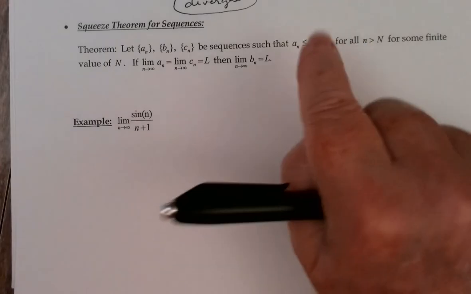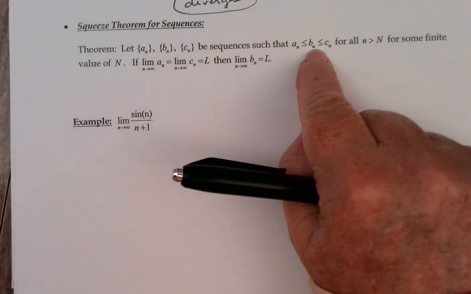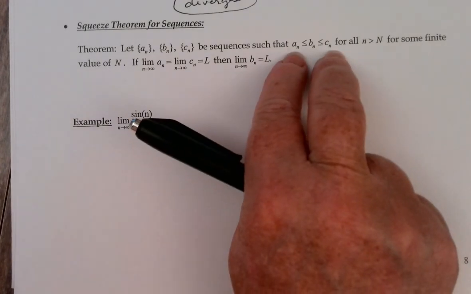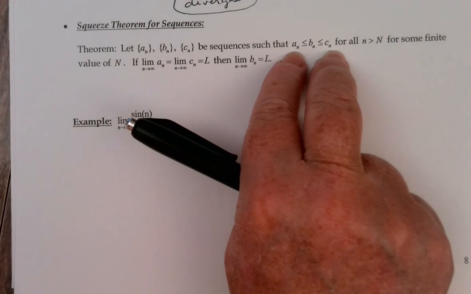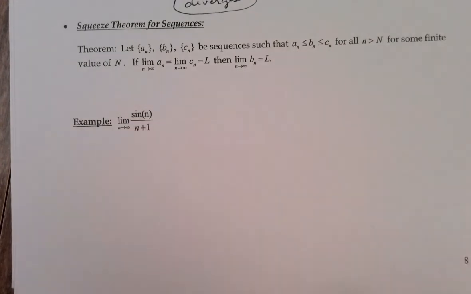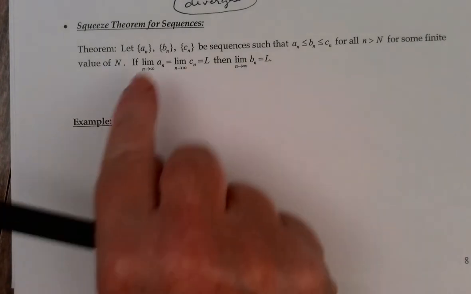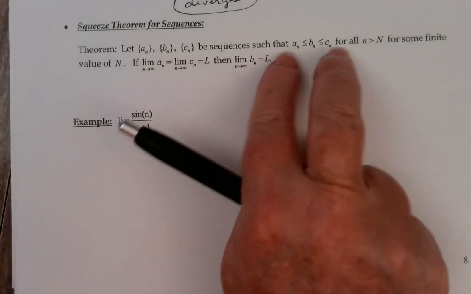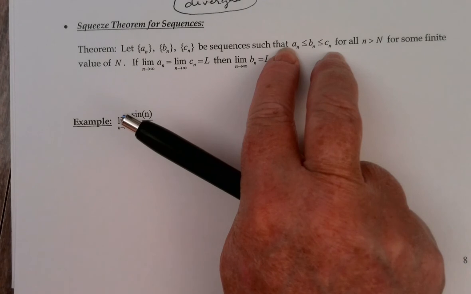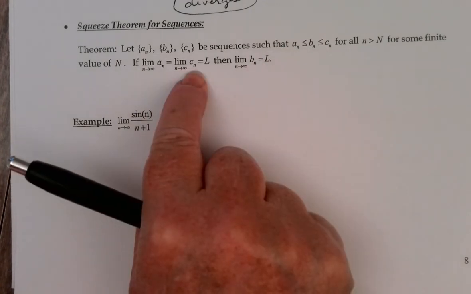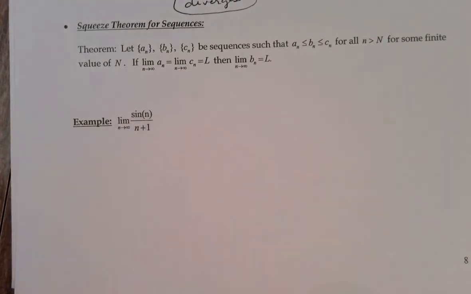And let's also suppose that the B sub n's are in between the A sub n's and C sub n's for all n greater than some set finite value of n. If the limits of the A's and the C's are L, then the limit of the B's is going to be forced to be L as well.